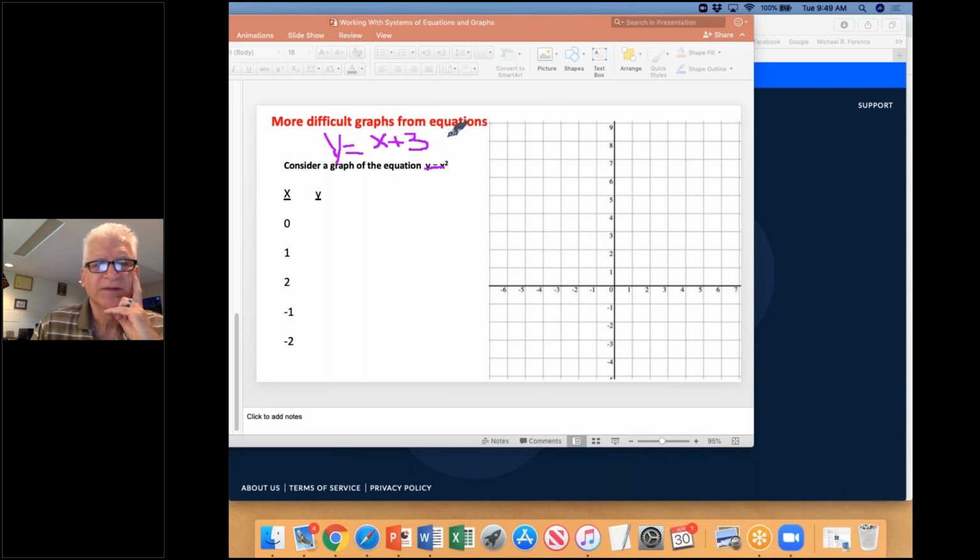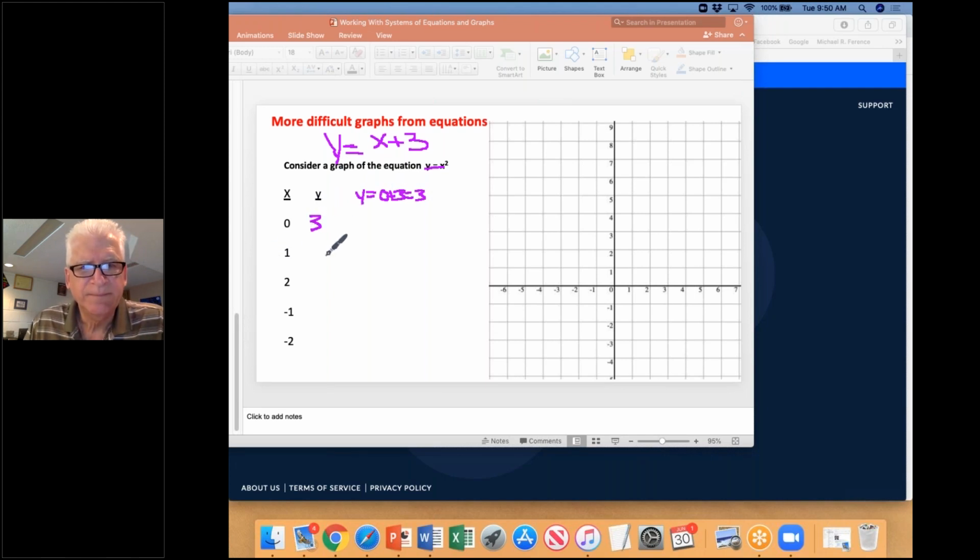Sure. Okay, so because there's no exponent here, it's not x squared, it's just x, that's going to be a straight line. So if I plug in 0, y equals 0 plus 3. X equals 0, y equals 3.